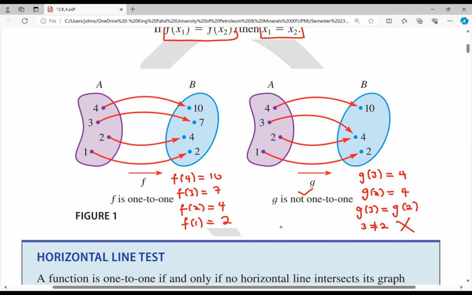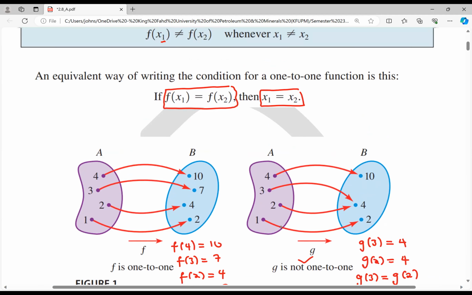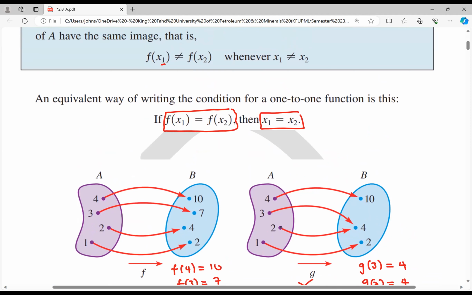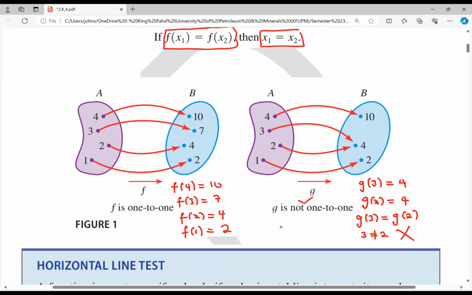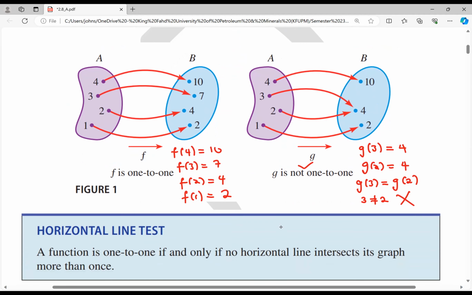Because whenever the images are not the same, then x1 and x2 are not the same. So you don't have two x values with the same y value. So this is just the simple definition of one-to-one.